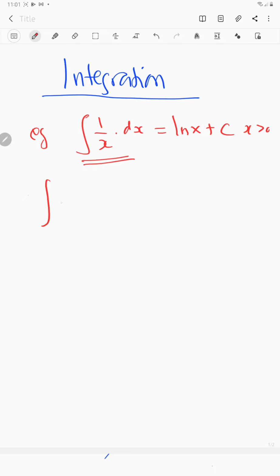And then we can have another one, the integral of e to the power ax dx. You always take u is equal to ax. The integral of e to the power u is the same as e to the power u plus k.